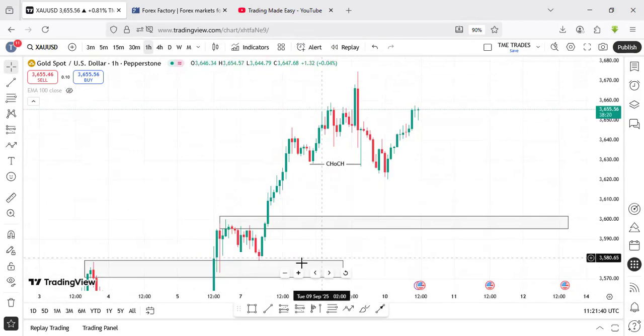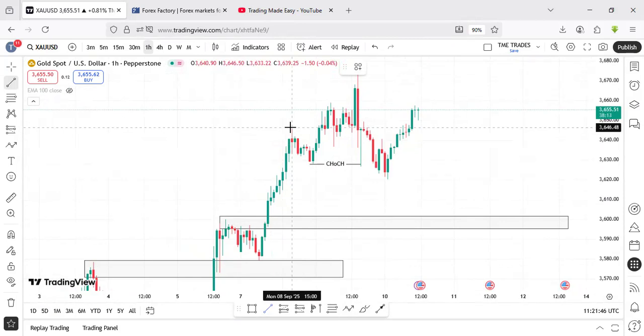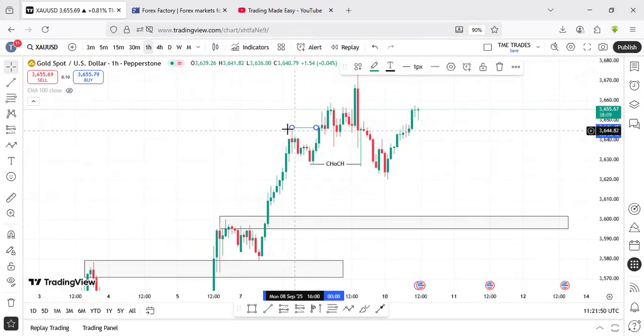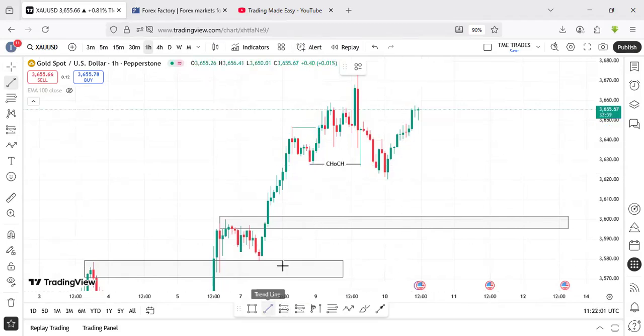Now, what happened? This market created a higher high, right? This was the last higher high. Then it had this down movement, making this our very strong low, right? And created another higher high here.